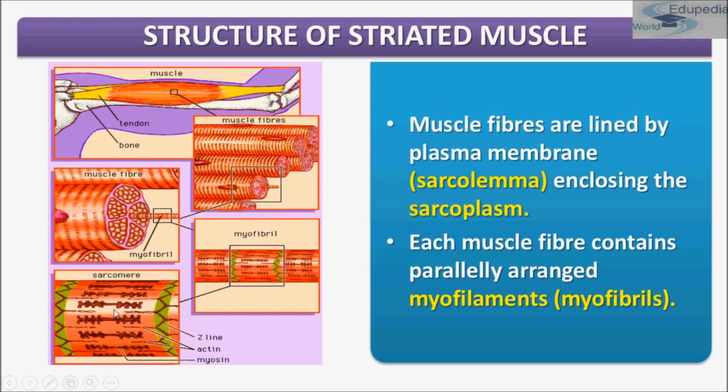But the thick filament, which we call myosin, lies at the center of the sarcomere and overlaps the thin filaments. Please note that thick is myosin and thin is actin.